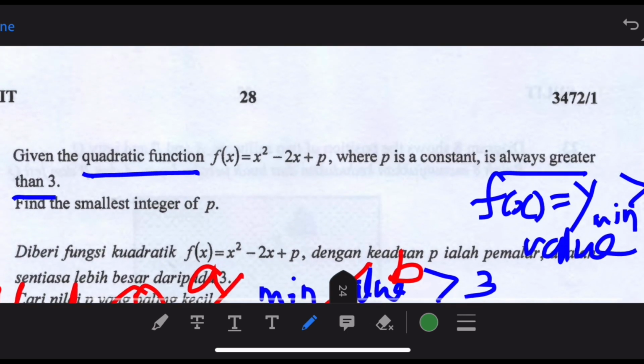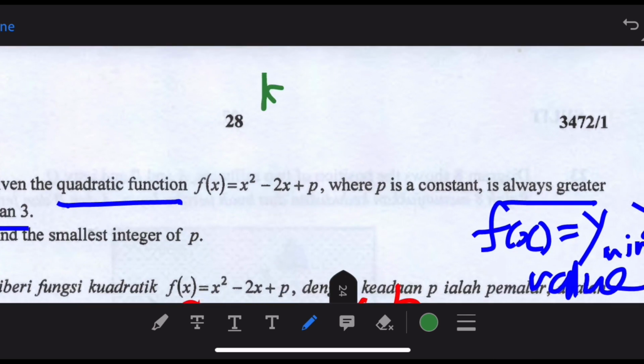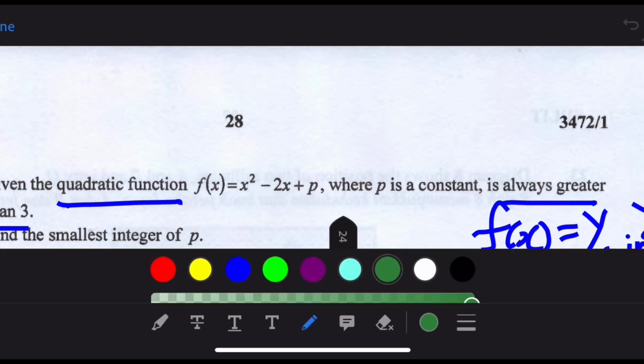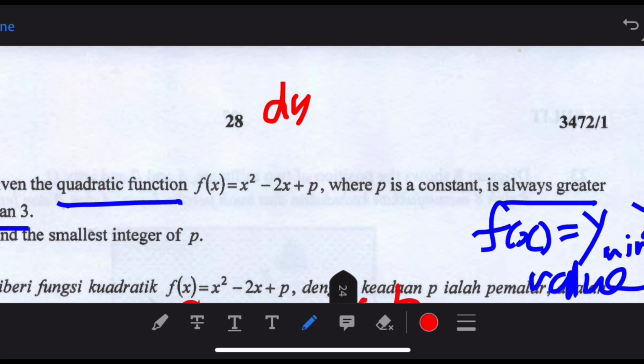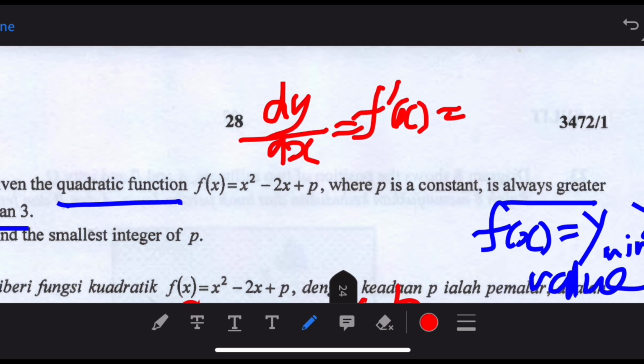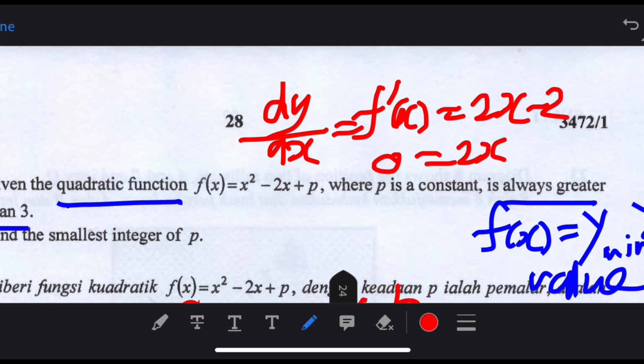Okay, if I differentiate, it will be f'(x), because they are not given the y, so we have to use f'(x), but it's actually the same as dy/dx. So your answer is 2x minus 2. So you try to find the turning point.